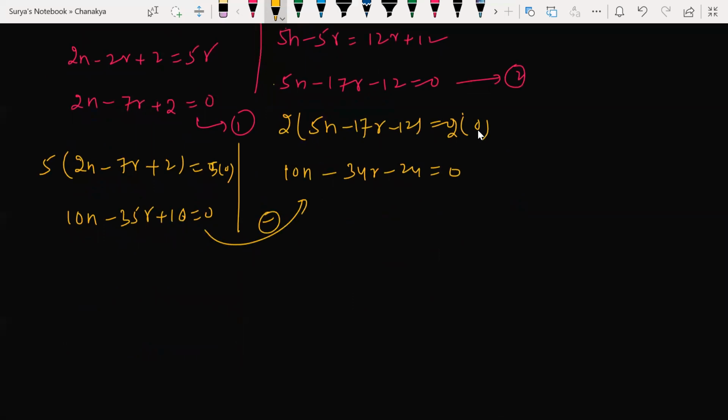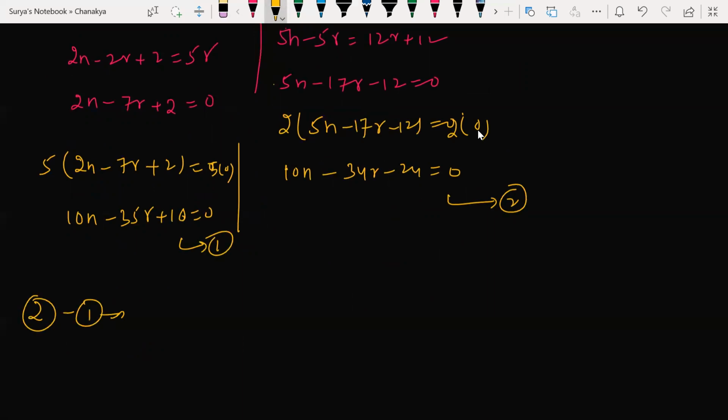So 10 and 10 will get cancelled. Second equation minus first equation I'm doing. So r minus 34 is equal to 0. The r value is 34, I got.